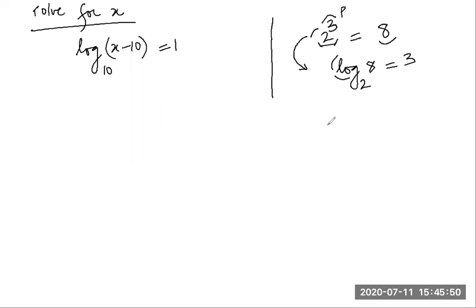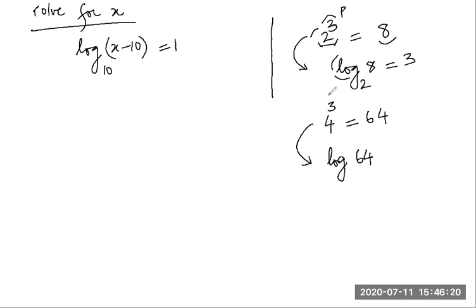Now tell me, 4 raised to power 3 is equal to 64. Falgun, convert this into log form. Log of 64 to the base 3.